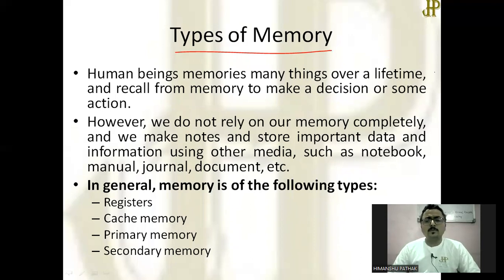Here you can mainly categorize memory into 4 types: first register, then cache memory, then primary memory, and then secondary memory. More or less, memory is divided into mainly two, primary and secondary.